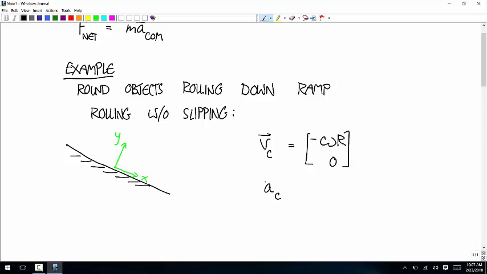And the acceleration of the center has the x component negative alpha r, y component 0. Okay, so we talked about that with kinematics.